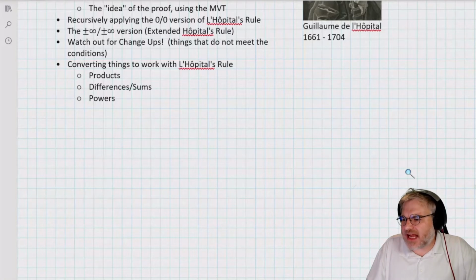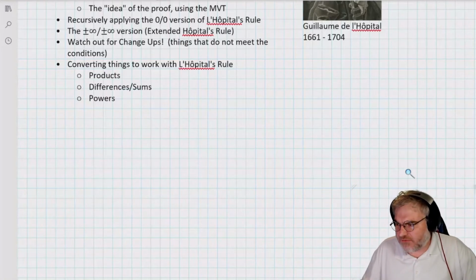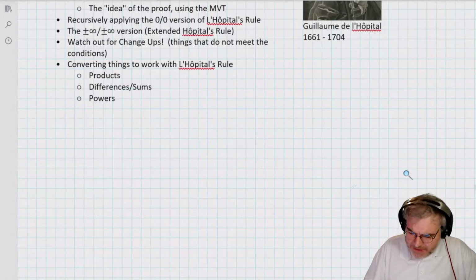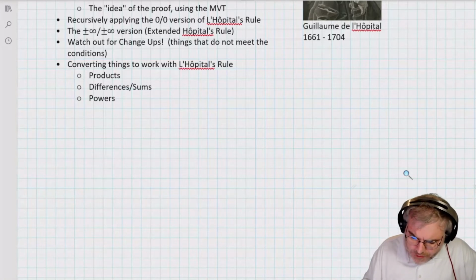I had this idea that I could take the ratio of the linearizations, and the problem that I had from the beginning was this. Recall from linearizations that I had this thing.